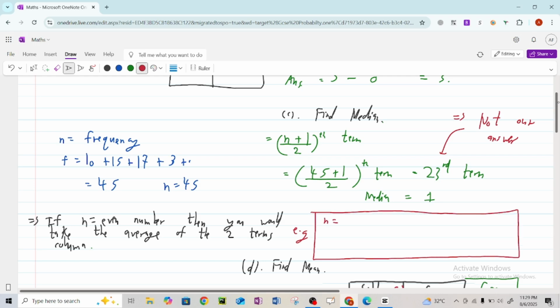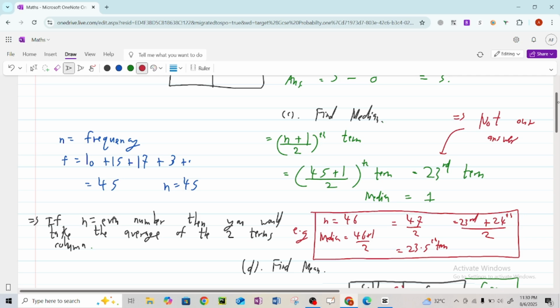If n was 46, then the median would be 46 plus 1 by 2. That would give me 47 by 2. That would be the 23.5 term. The 23rd plus the 24th divided by 2.